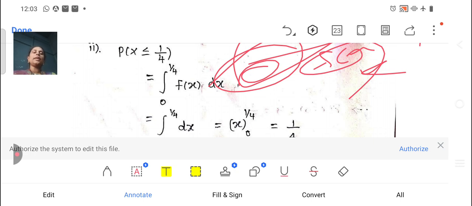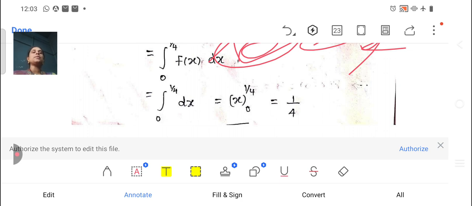After integrating and substituting the range, the answer is 1 by 4 minus 0. So the value is 1 by 4.